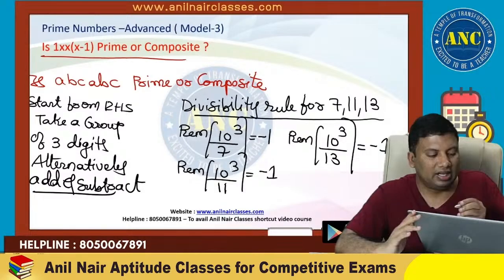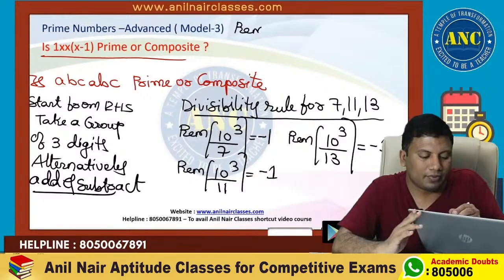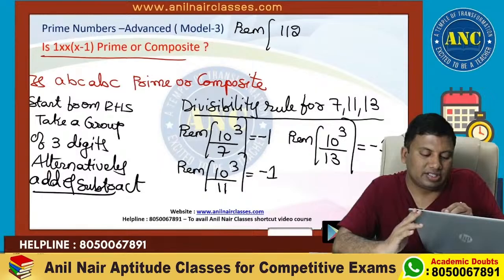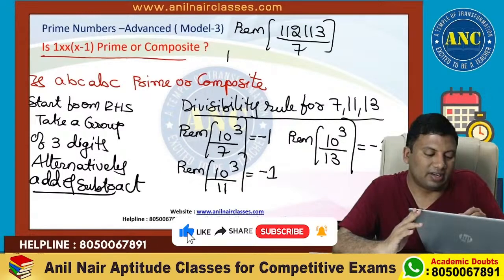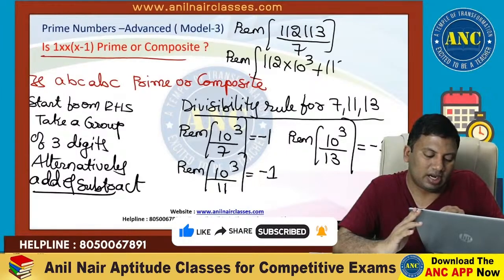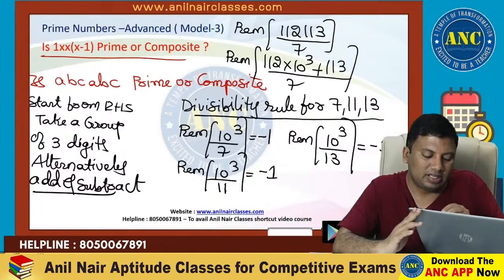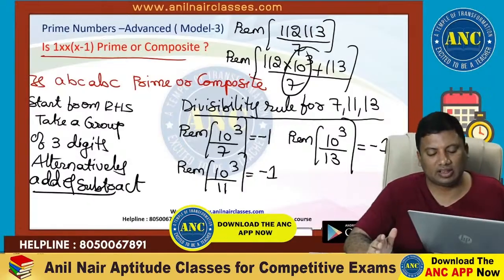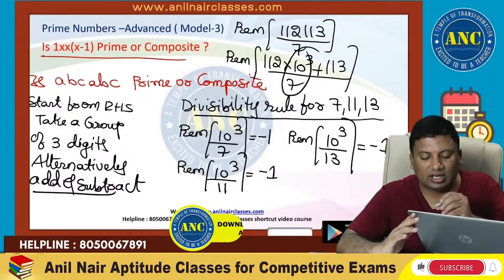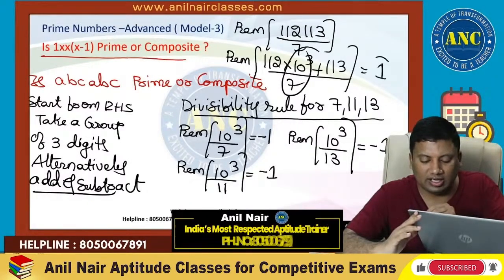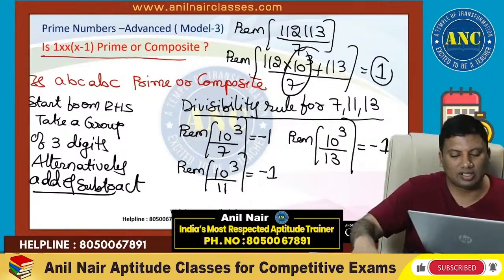One example. Suppose it is 112,113 divided by 7. These are nothing but 112 into 10 cube plus 113 divided by 7. 10 cube by 7 leaves minus 1, so 113 minus 112, the answer is 1.